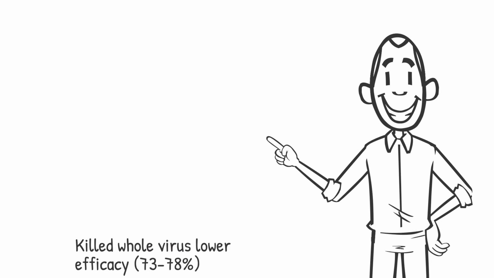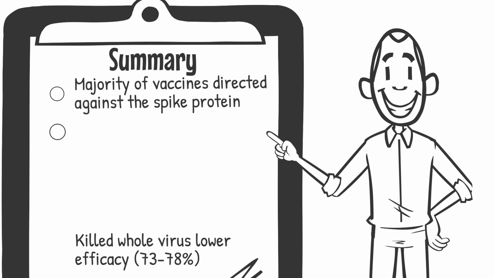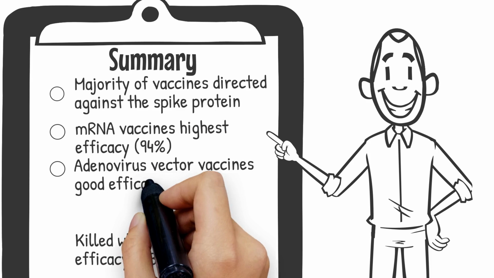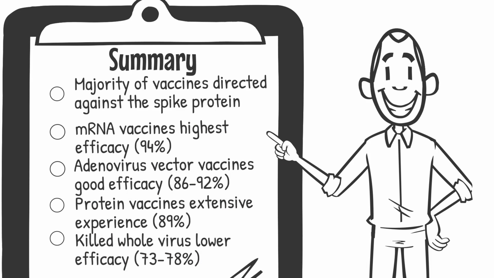To summarize the content of this video, the majority of the vaccines are directed against the full-length spike protein from the original human virus. The mRNA vaccines, Pfizer and Moderna, are highly effective at preventing mild to moderate disease with a 94% efficacy. The adenovirus vector vaccines demonstrate nearly comparable protection at 86 to 92% efficacy.